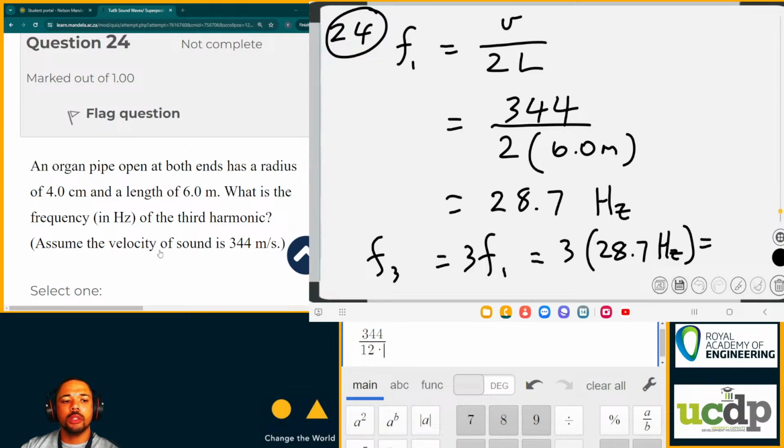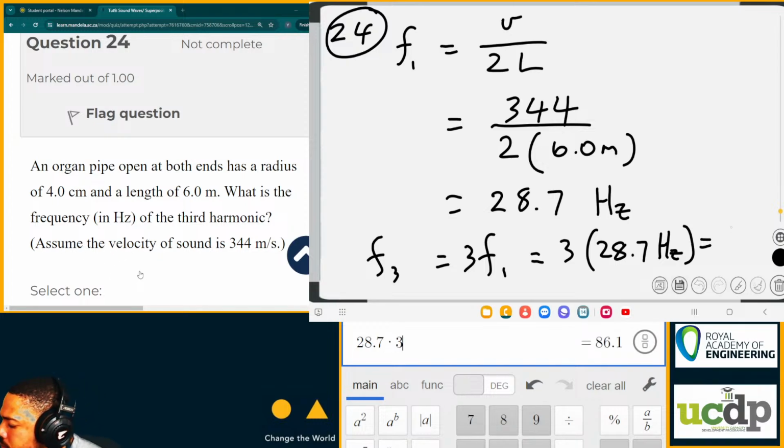Let's multiply it by 3. 28.7 multiplied by 3 gives us 86.1 hertz. Let me rather write it here.